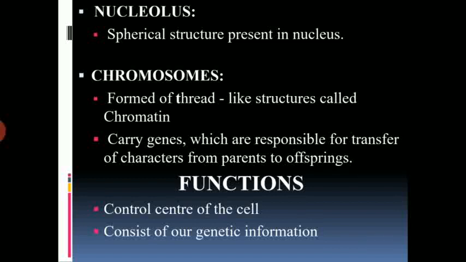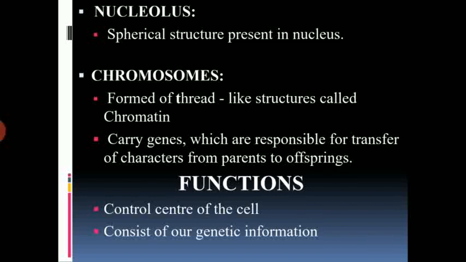Now what does the nucleus do? As I told you, the nucleus has chromosomes, the chromosomes have genes, and the genes are the unit of inheritance. It regulates your hereditary information. That means the nucleus holds our genetic information and controls our hereditary characters. The nucleus is also called the control center of the cell or the brain of the cell.